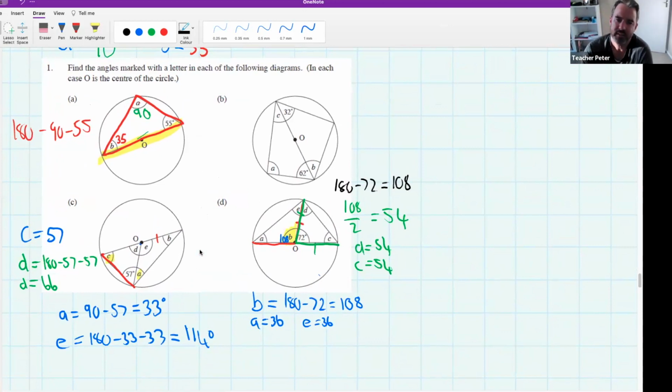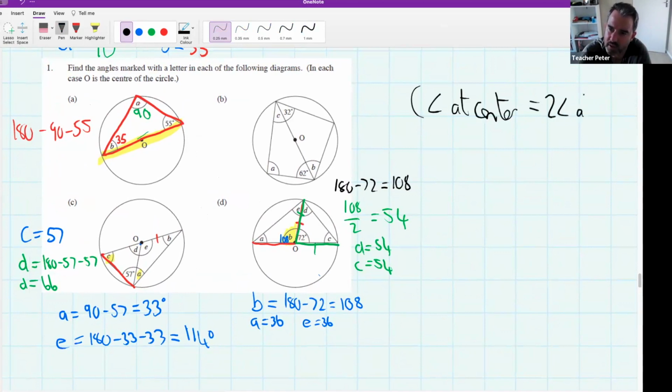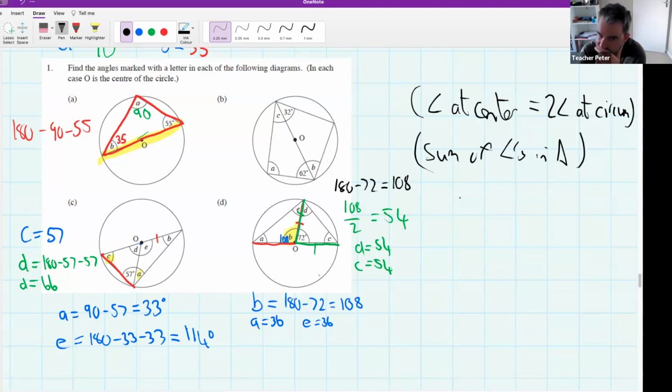There are different types of reasons, and we're going to cover the reasons in future lessons. But some of the ideas we used here were angle at center is twice angle at circumference. We spoke about this in the previous lesson. We also used the reason sum of angles in a triangle, which would come up quite often.